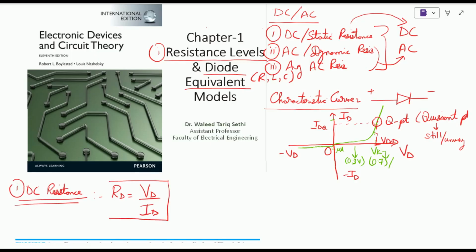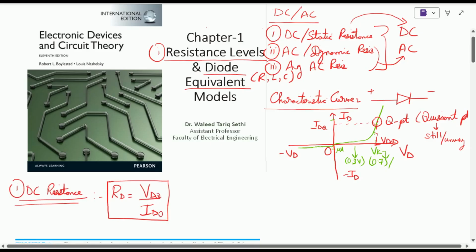Keep in mind that I'm using capital letters for resistance, voltage and current, and if we are considering the Q point, then the equation will have V_DQ and I_DQ as well.